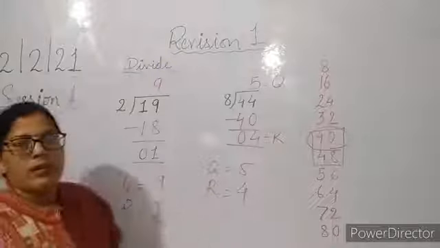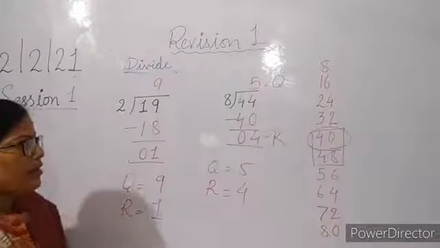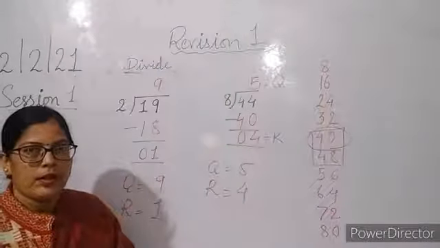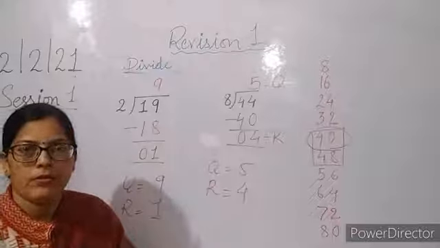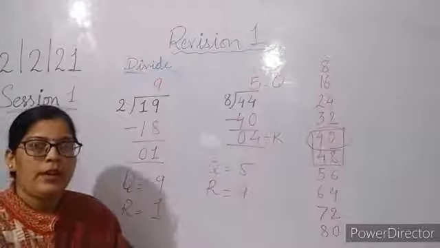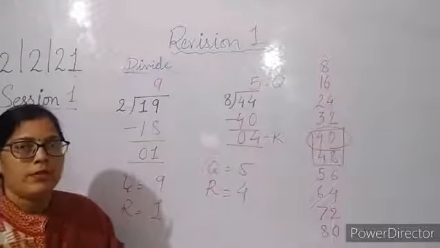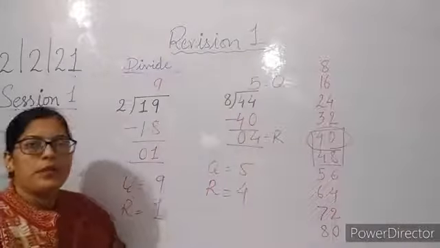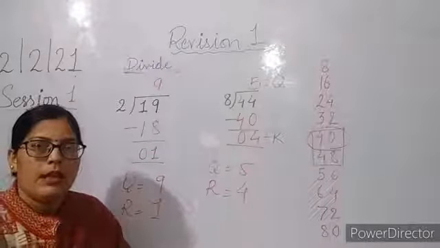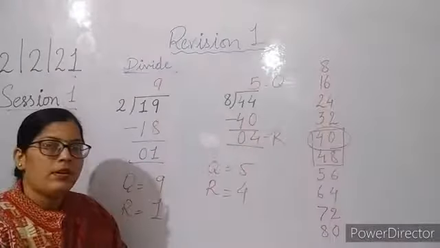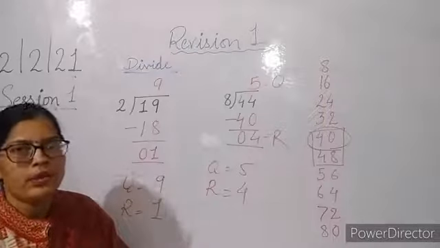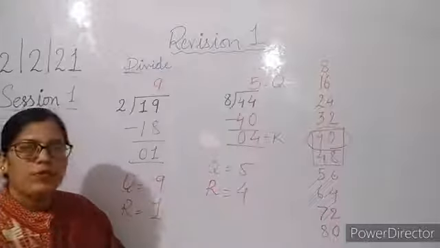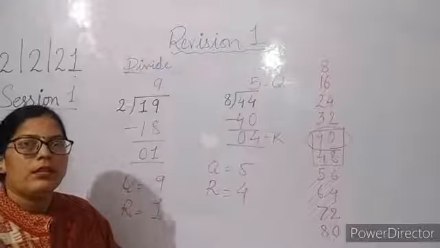So this is how you have to divide the numbers. When you divide numbers, you have to recall the table of the divisor and find out whether the dividend comes in the table of the divisor or not. And if you do not get the dividend in the table of the divisor, then you have to find the numbers nearest to the dividend, and from those numbers take the smaller number.